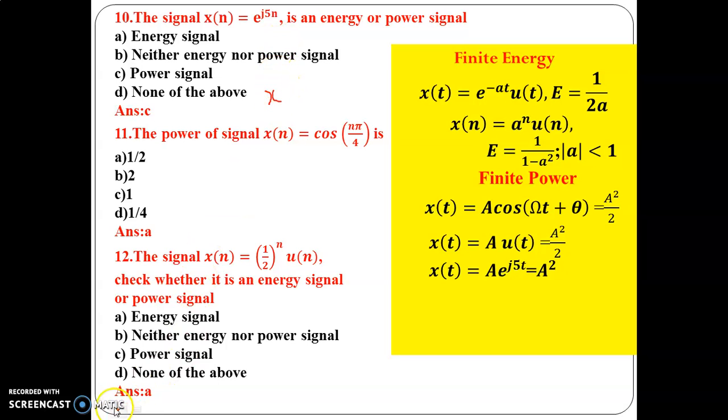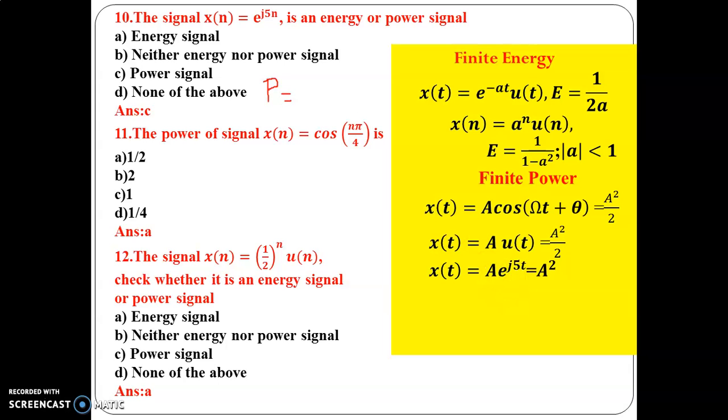If x of n is equal to e power j 5n, what is the answer? According to this relation, which is for continuous, for discrete also the same case exists. So this signal is said to be a power signal. The reason is the value of power P: just compare this signal with this.